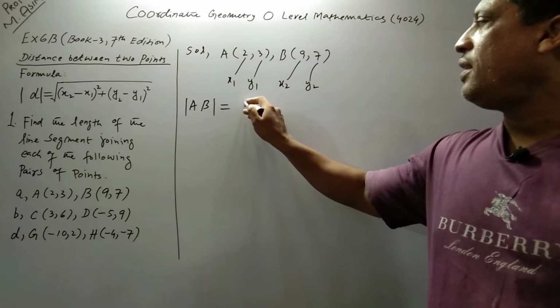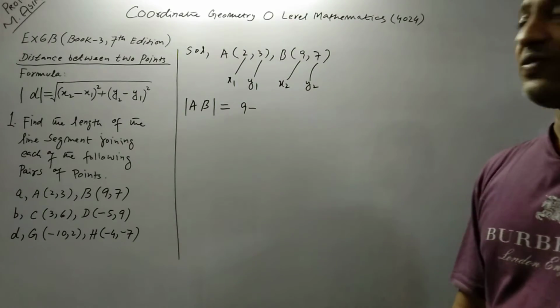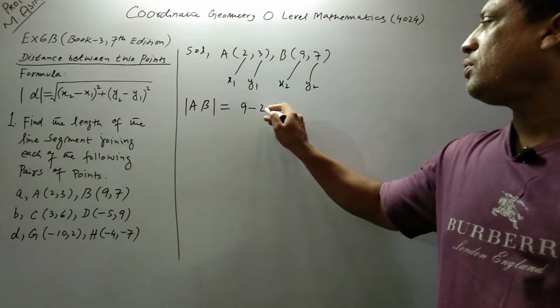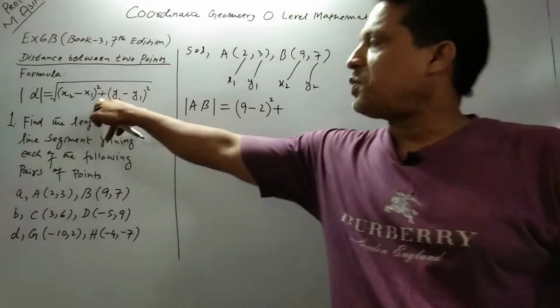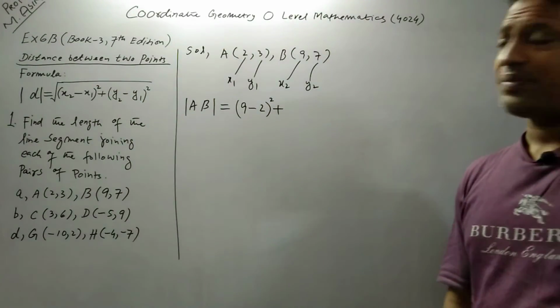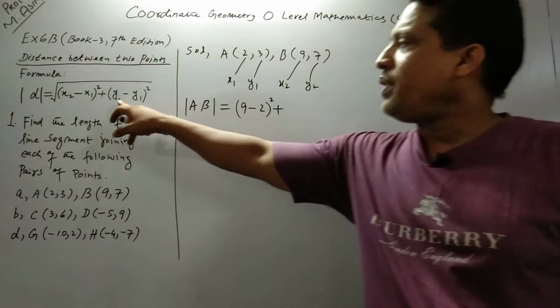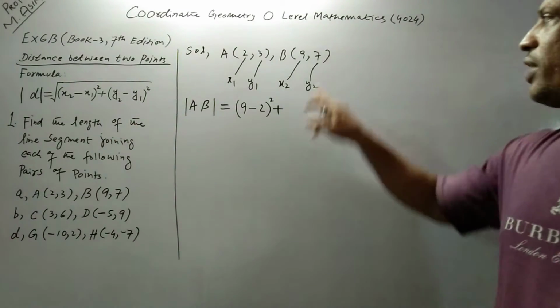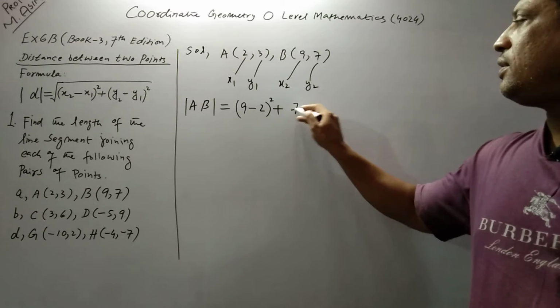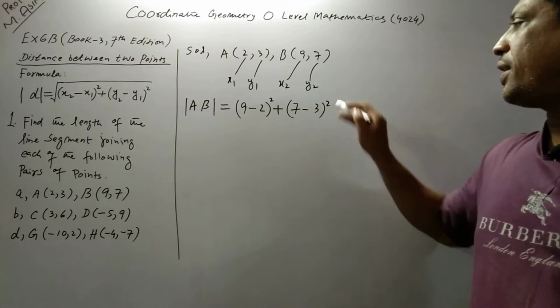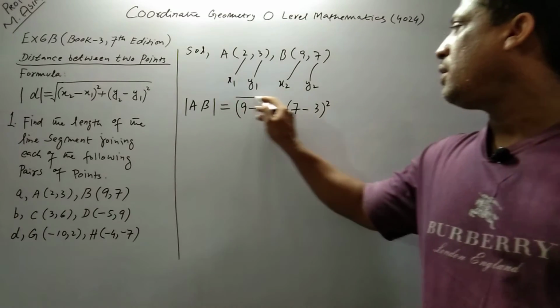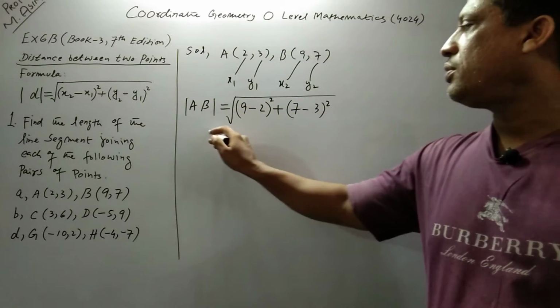You assign 9 minus x1, which is 2. So (9 minus 2) square, plus, you have to write plus, then (y2 minus y1) whole square. What is y2? y2 is 7 minus y1, which is 3, whole square, and apply the whole square root.